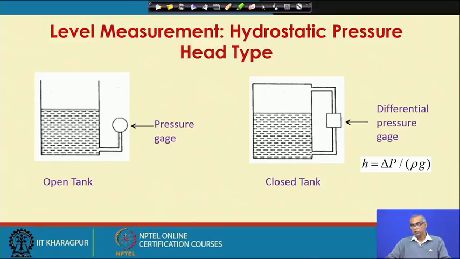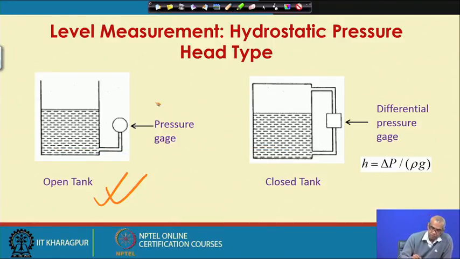So, hydrostatic pressure head type can be used for measuring liquid level in an open tank using this pressure gauge attached at the bottom of the tank.